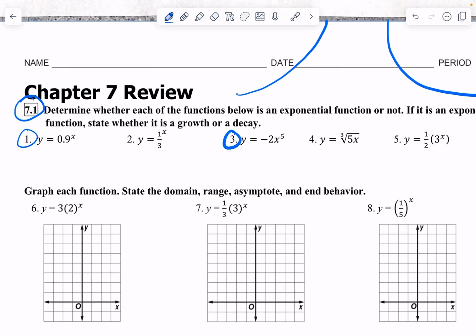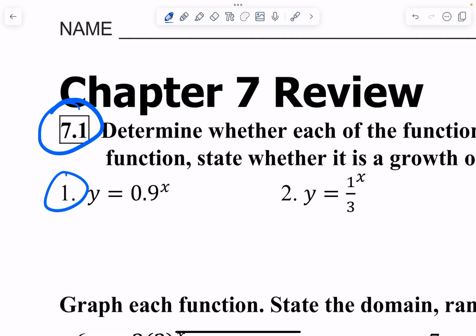Number 1. The important thing about an exponential function is that your exponent has to be your variable. We have some base number, and the exponent is the variable I'm dealing with. So yes, this is an exponential function. The base is what I am taking x to.